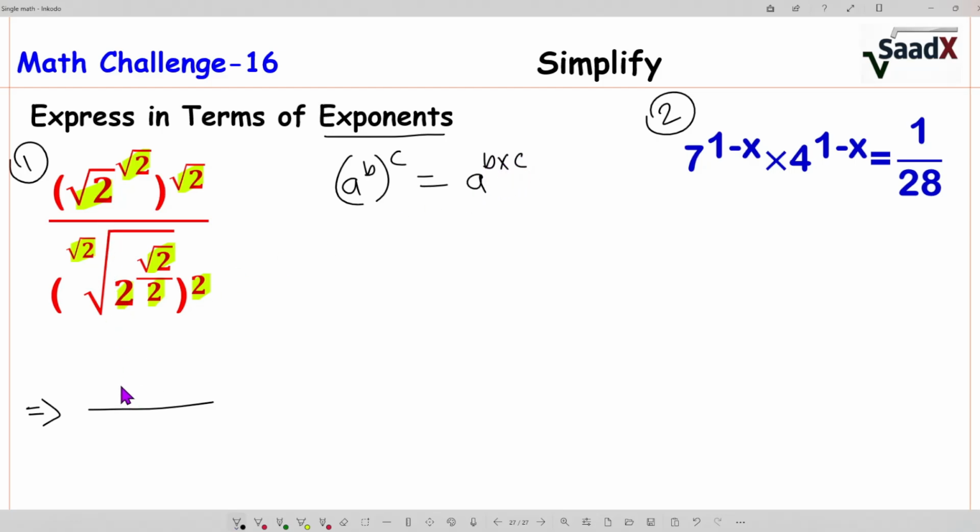So this is root 2 and this one we can write root 2 times root 2. Why? Because look, this is a, this is b and this is c. So b and c will be multiplied. So root 2 times root 2.